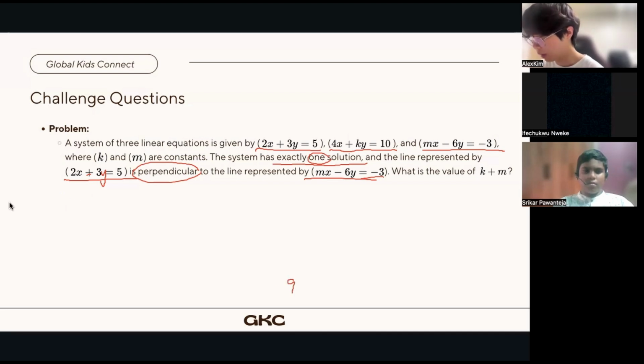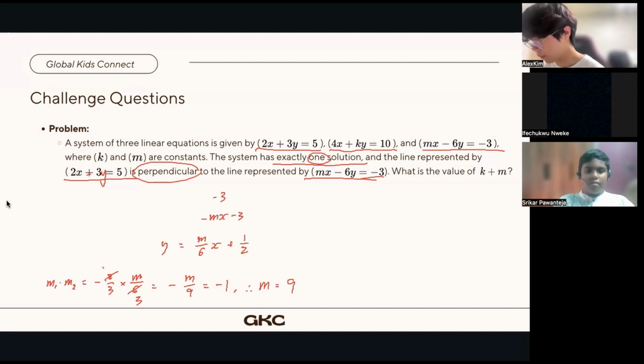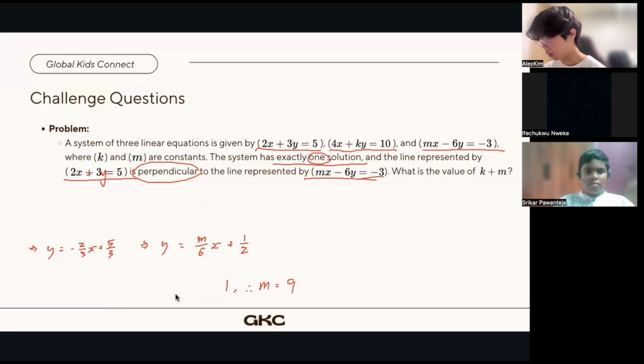Actually, let's go back. We can utilize our previous solution. From here, we can utilize the re-expressed equations as well for the second part of the solution.